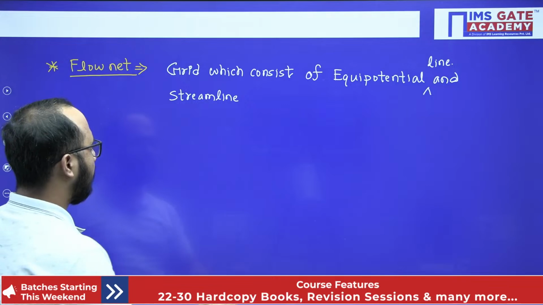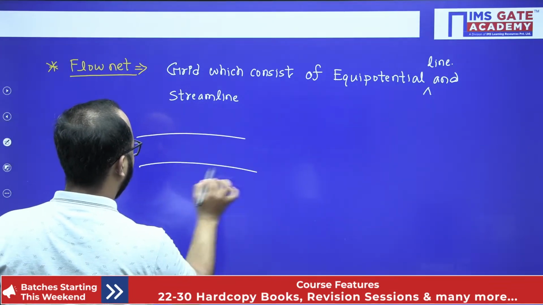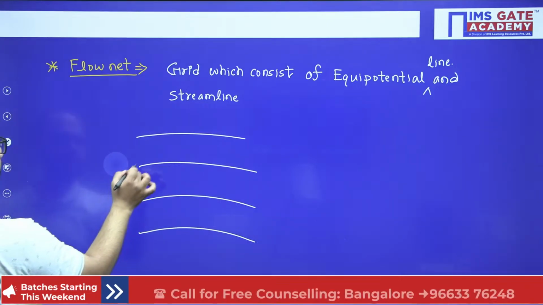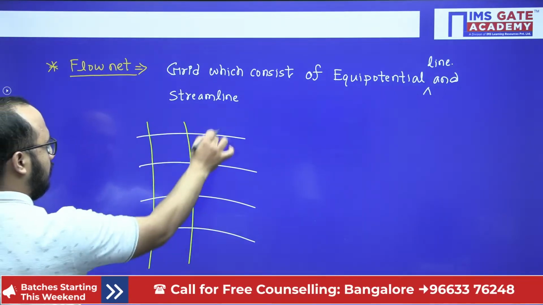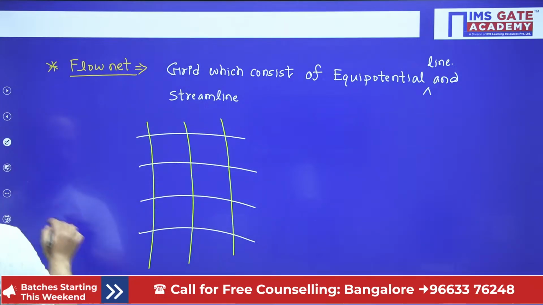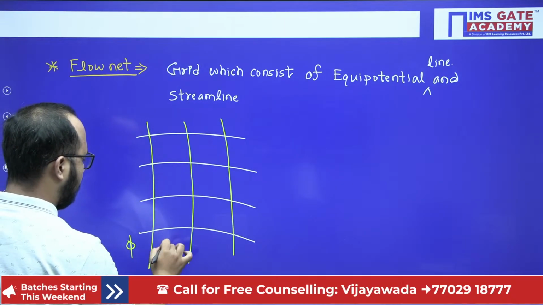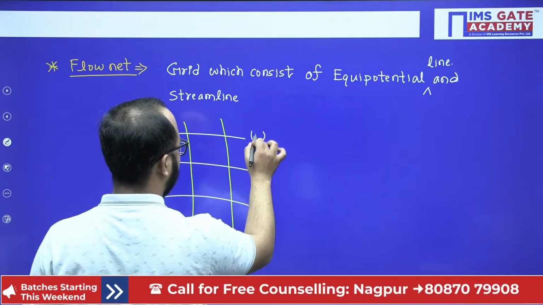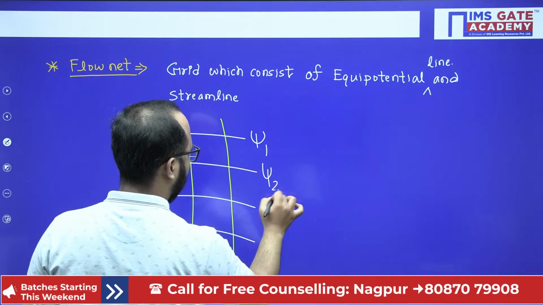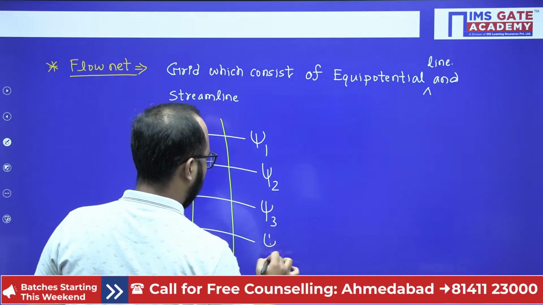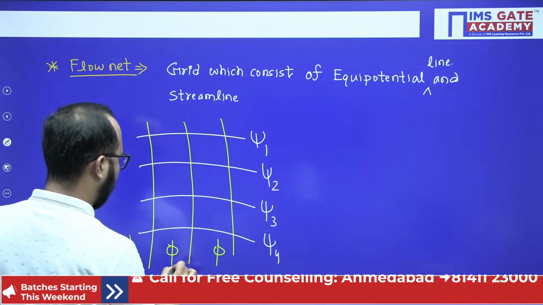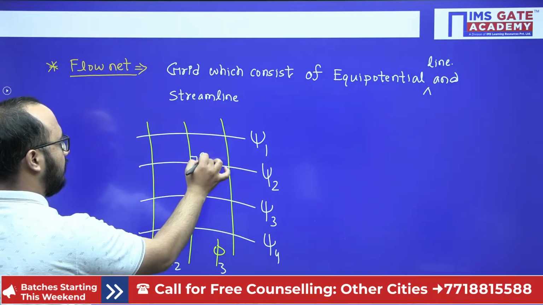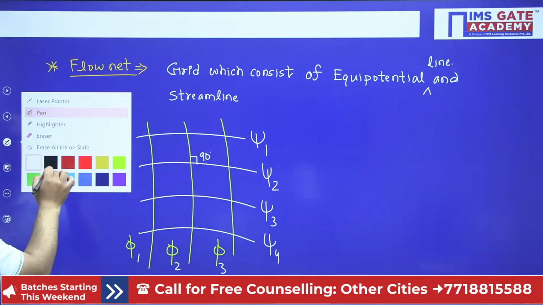Now how will it look? Let's suppose these are the streamlines, like this it will be there, and these are the equipotential lines. Like this, 1, 2, 3, you will take. So you will see the angle as 90 degrees, but it is not applicable when the flow is not irrotational.